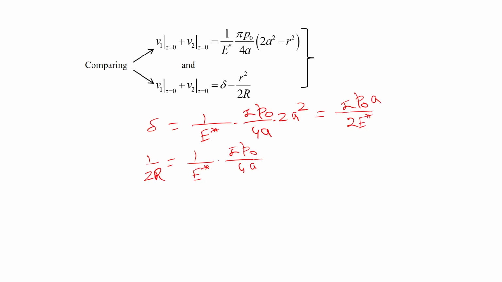Here I can write a equal to pi p 0 by 4 E star into r. The 2 gets cancelled.